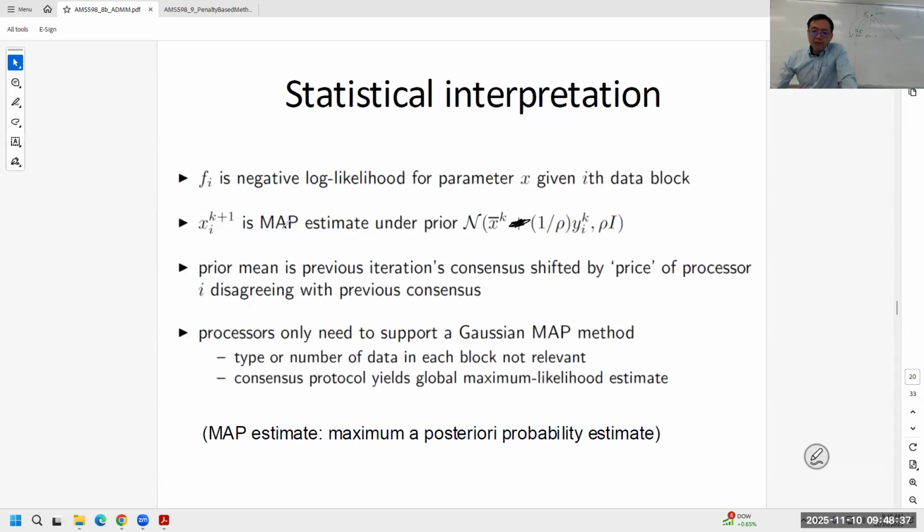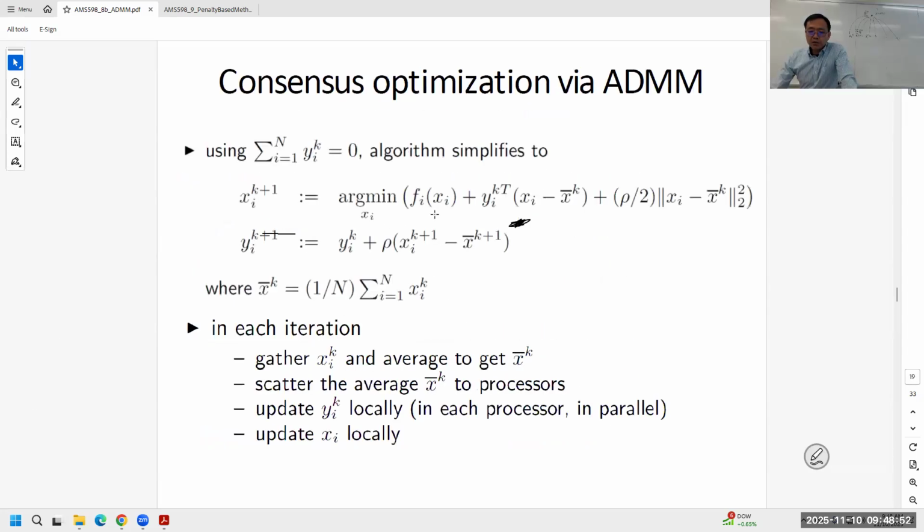Why is that? The MAP is maximum posterior, right? If you know a little bit about Bayesian statistics, the function given here is updated for xi.